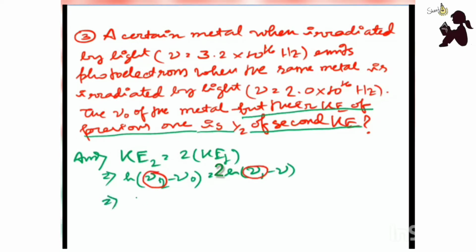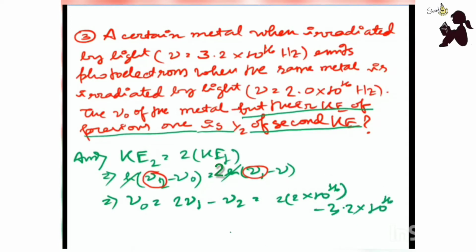So our h will be cut, and what will be remaining is mu naught equal to 2 mu2 minus mu1, so that is 2 into 2.0 minus 3.2 into 10 to the power 16, that will be 8 into 10 to the power 15 hertz, right? So it's done.